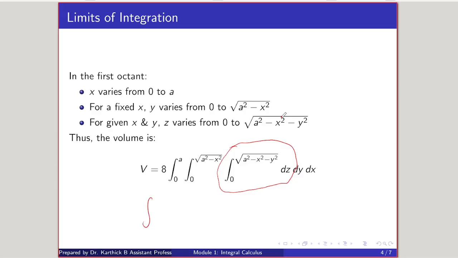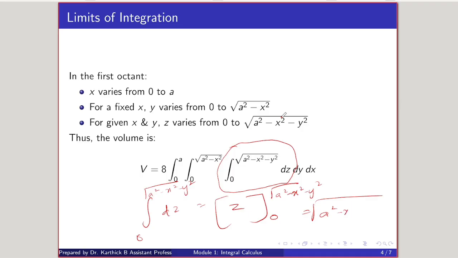Simply integral dz will be z alone. Here the limit is 0 to square root of a square minus x square minus y square. So we will substitute the limits, upper limit minus lower limit. Now you will get the value as the square root of a square minus x square minus y square. This will be the value for this inner integral part.